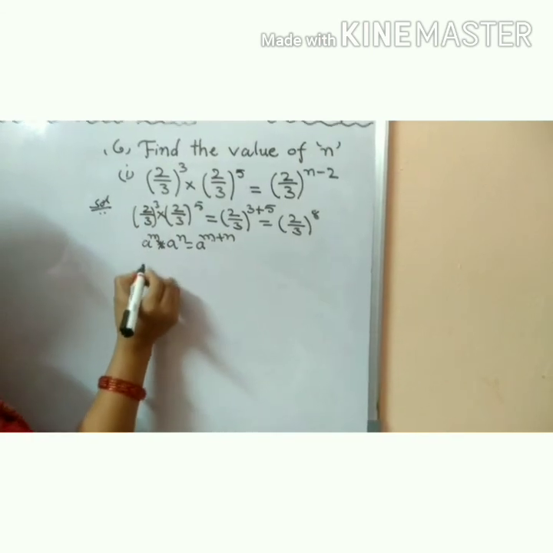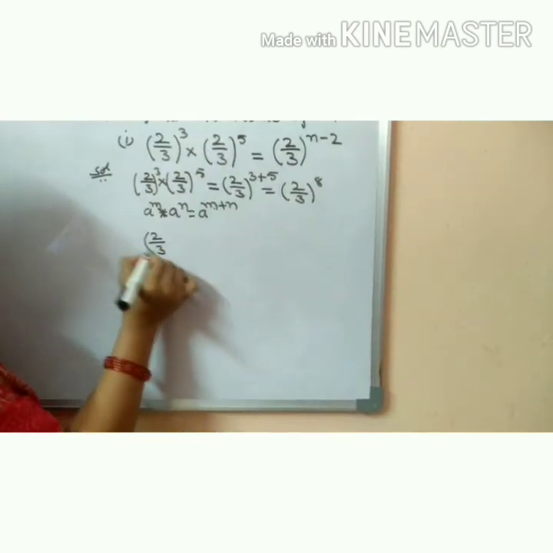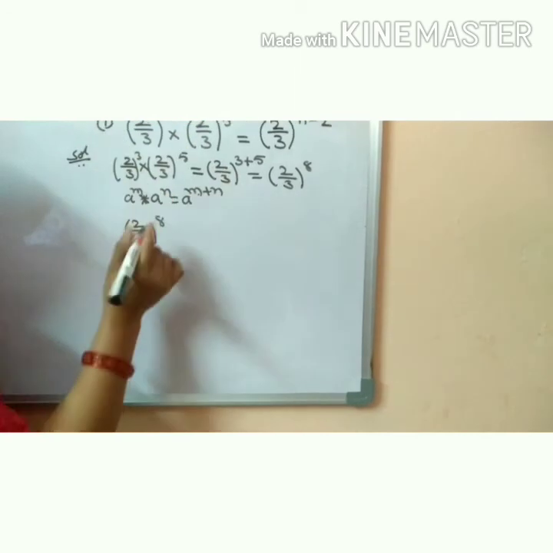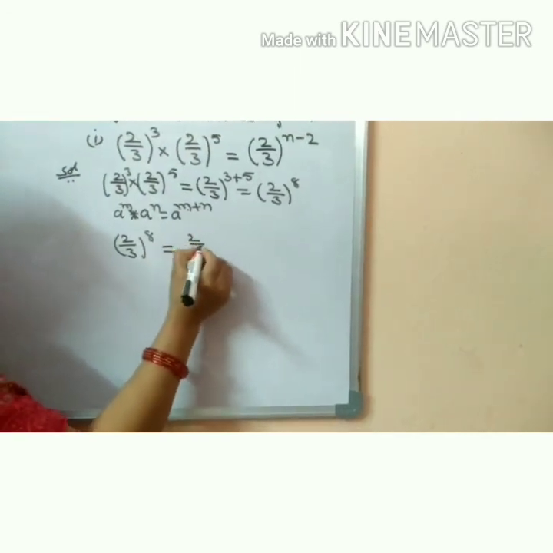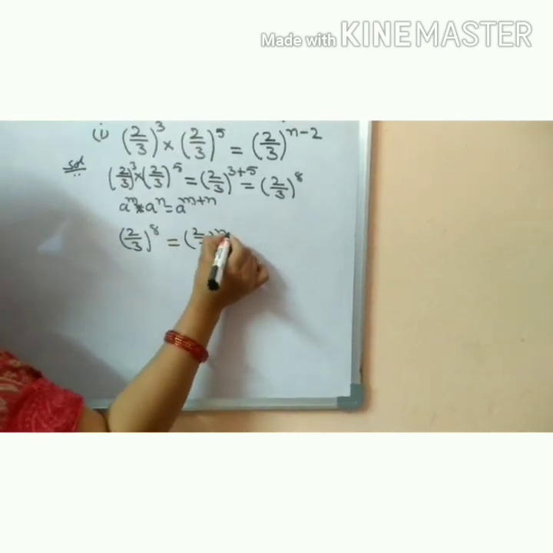The value is (2/3) whole power 8, substituting into the equation, equal to (2/3) whole power n minus 2.